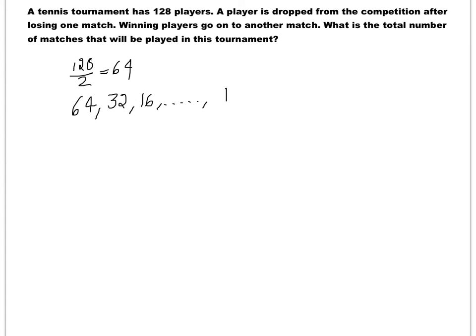Now what we have to do is find the sum of this series. First of all, we know that this is a geometric series because 32 divided by 64 gives us 1 over 2, which is the same as 16 over 32, and so forth.